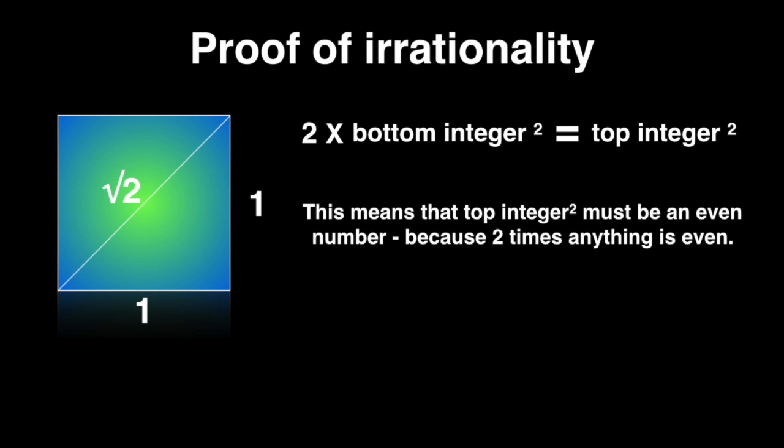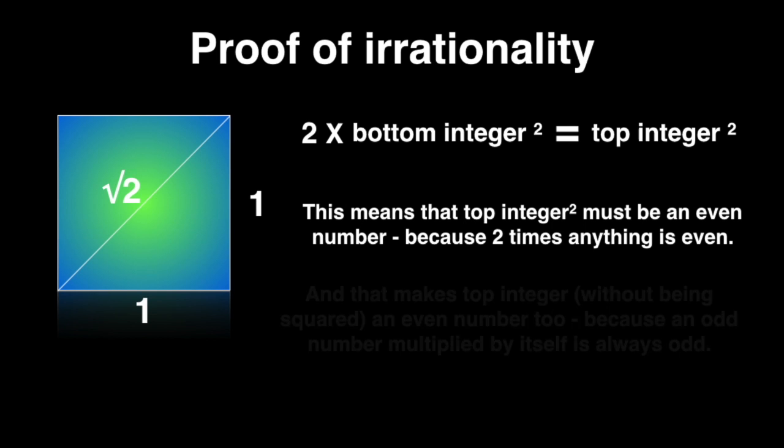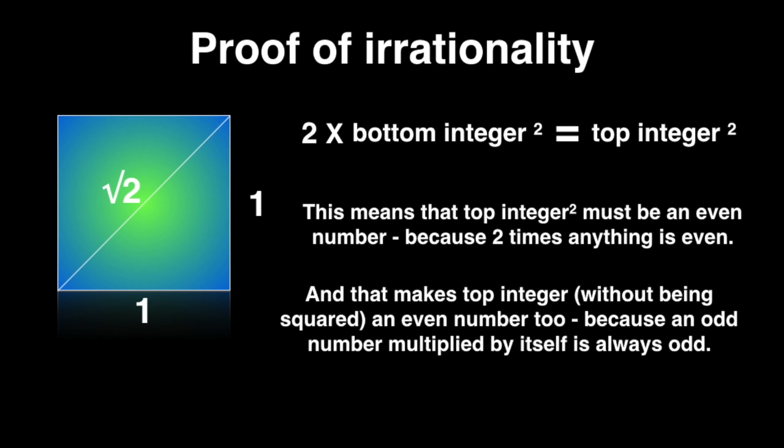This means that top integer squared must be an even number, because 2 times anything is even. And that makes top integer, without being squared, an even number too, because an odd number multiplied by itself is always odd.